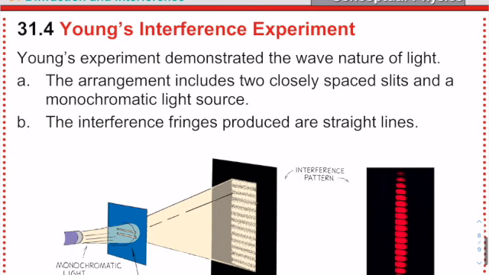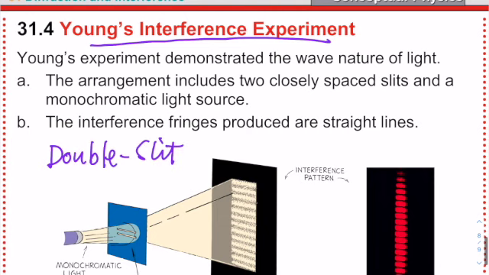Is there an experiment that proves this? Yes, it's what you call Young's interference experiment, otherwise known as the double slit experiment. Young was the one who established that light behaves like a wave, because of the pattern.